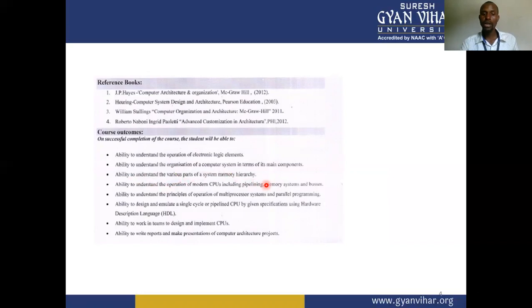Fourth is to have the ability to understand the operations of modern CPUs, including pipelining, memory system, as well as buses. Next is to understand the principles of operations of multiprocessor systems and parallel programming.